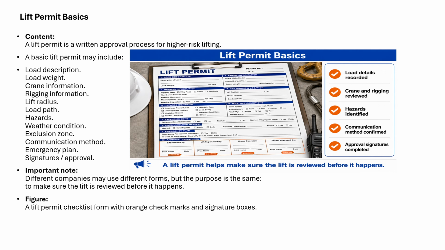A basic lift permit may include load description, load weight, crane information, rigging information, lift radius, load path, hazards, weather conditions, exclusion zone, communication method, emergency plan, and signatures or approval.